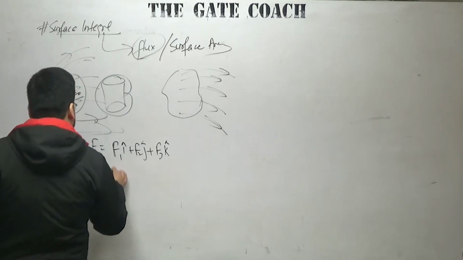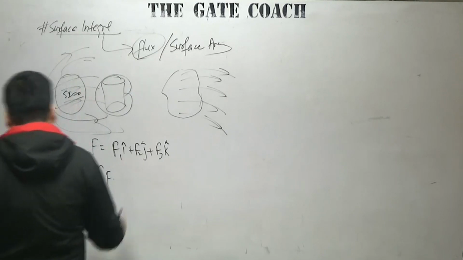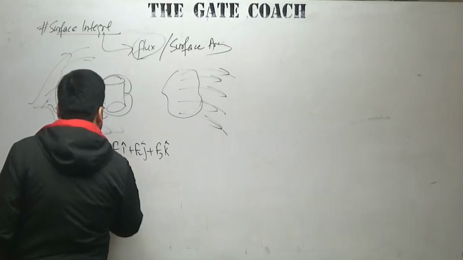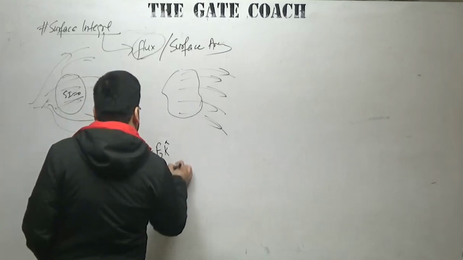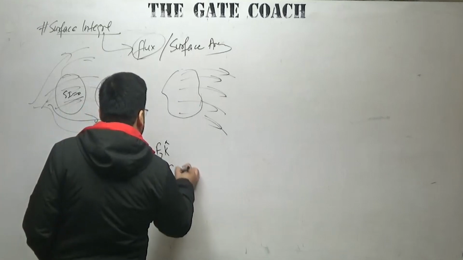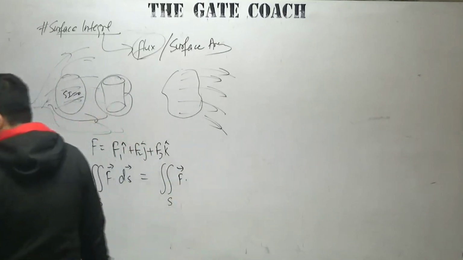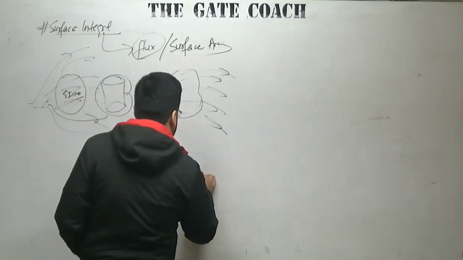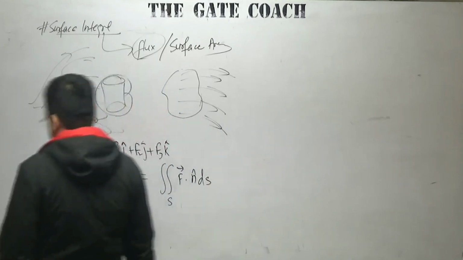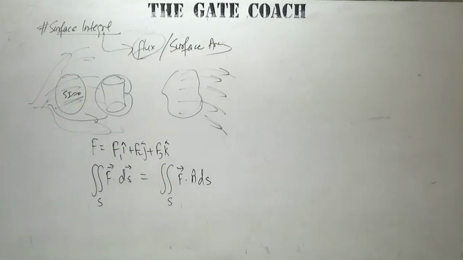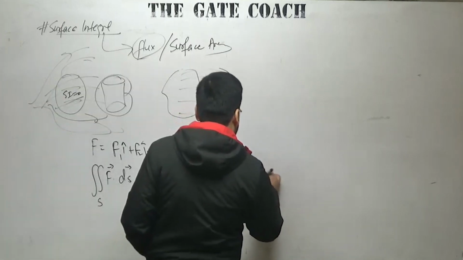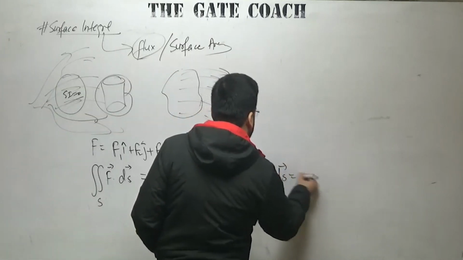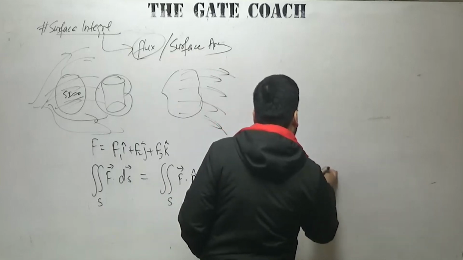It is given by f dot ds, and it can be written as the double integral along the surface of f dot n cap ds, where the vector ds is n cap ds.